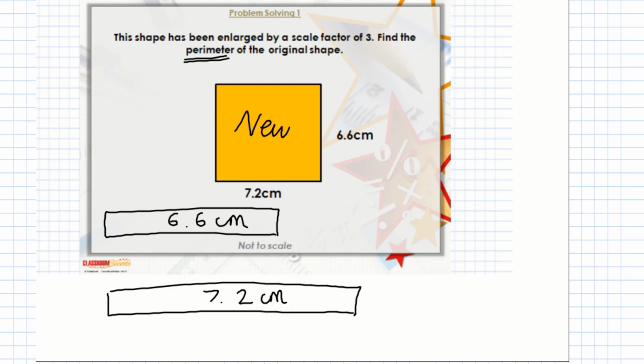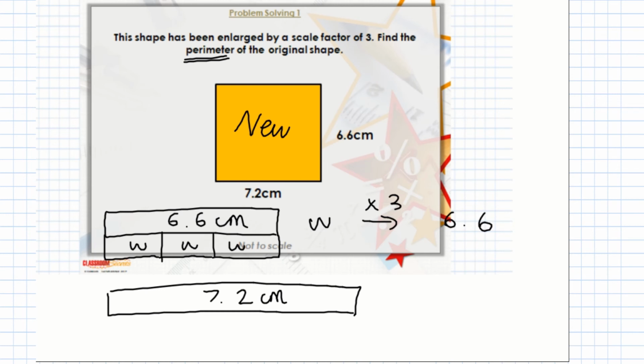It's been made 3 times bigger. So the original width would actually be 3 times smaller than 6.6. So the width times 3 would give me 6.6. I've taken my width and multiplied it by 3 and got the answer 6.6.